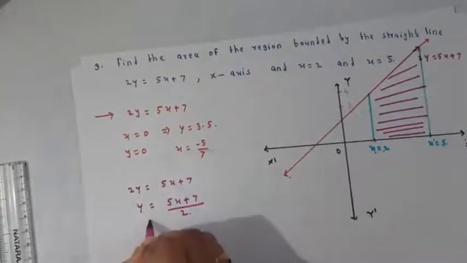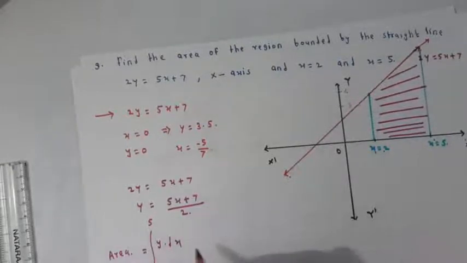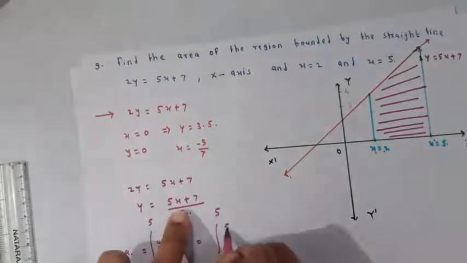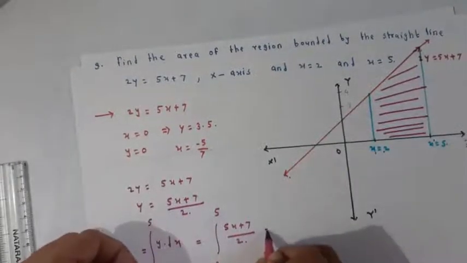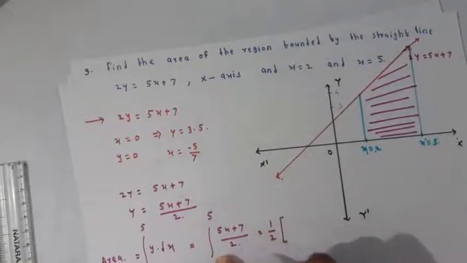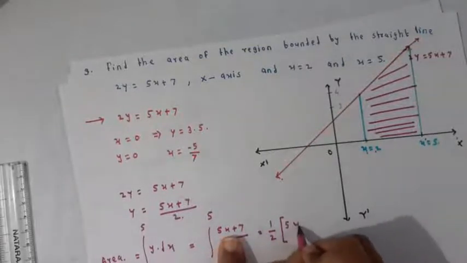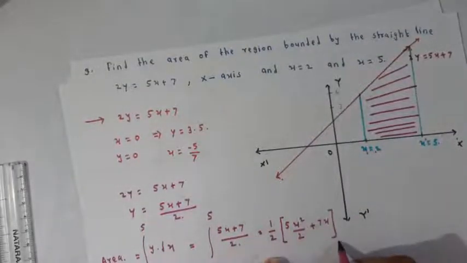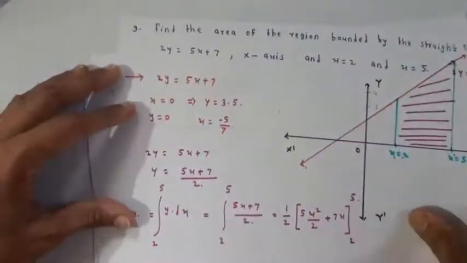So let us find the integral from 2 to 5 of (5x plus 7) upon 2, taking 1 by 2 outside the integration. Five as it is, the integration of x is x square upon 2, plus 7x, with limits 2 to 5.